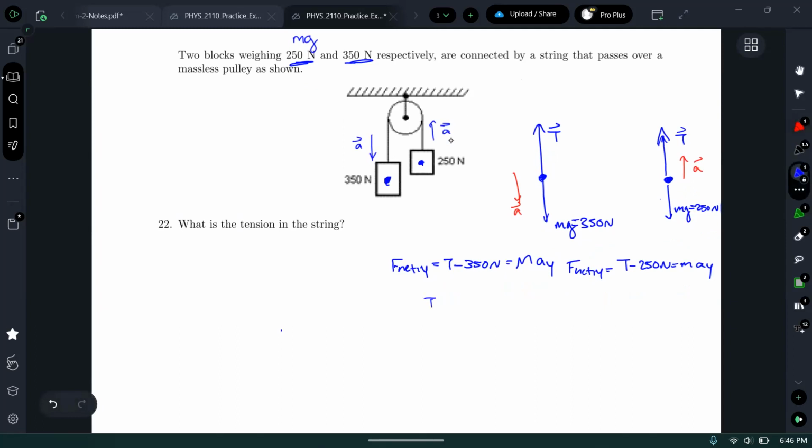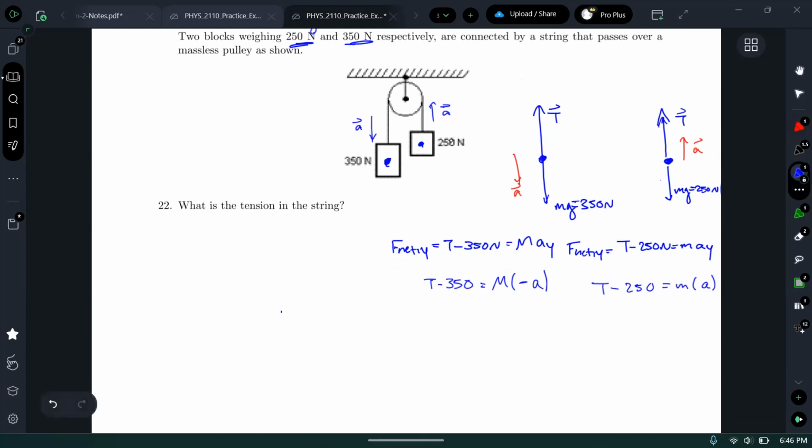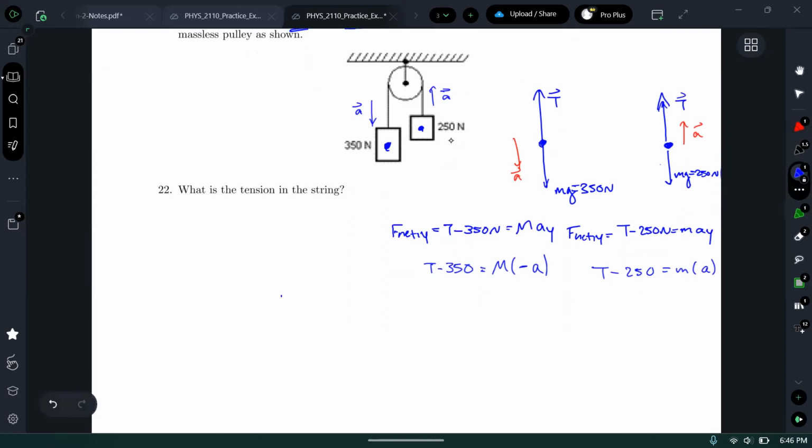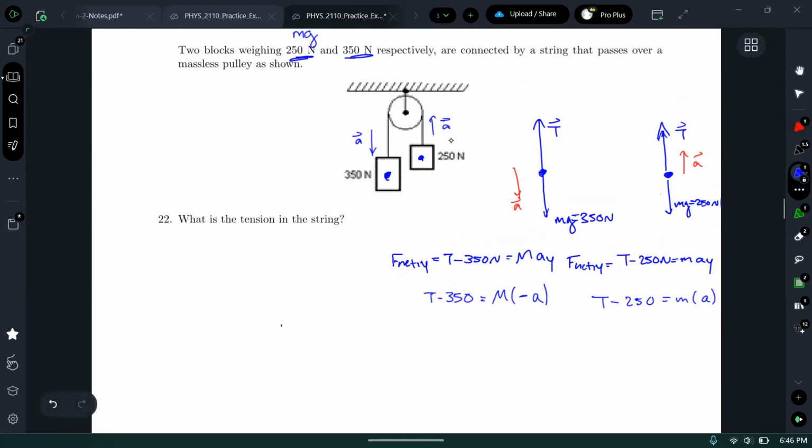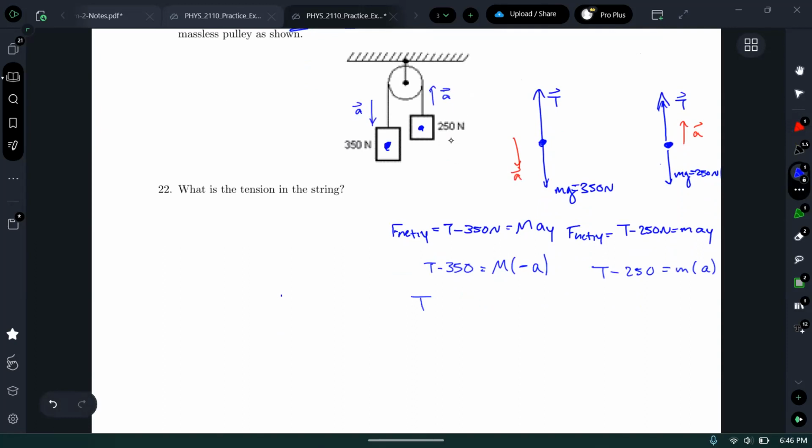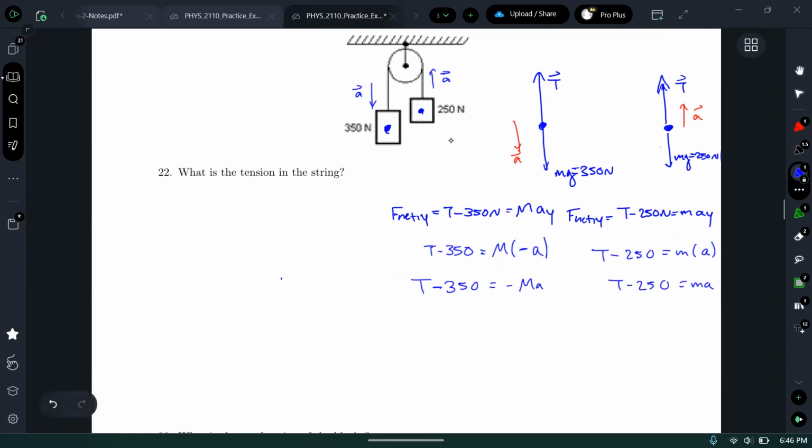And then I can write this as, for the big block, T minus 350 equals mass times its acceleration, which is downward, so I'll say negative A. The little block, T minus 250 equals mass times positive A. Same magnitude, A, but different directions, positive or negative. So to find the tension, I'm now down to these two equations: T minus 350 equals negative M little a, and then T minus 250 equals m little a.